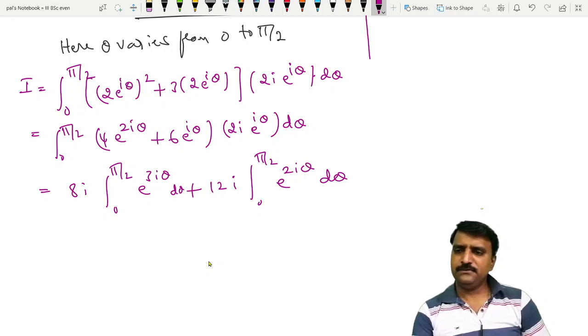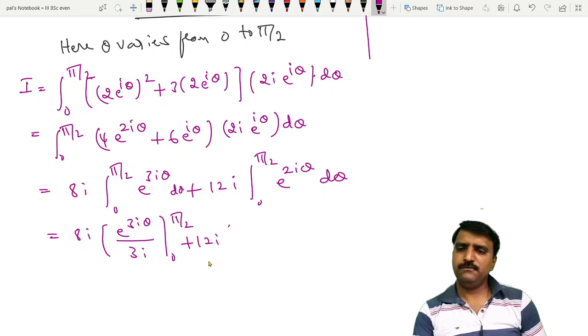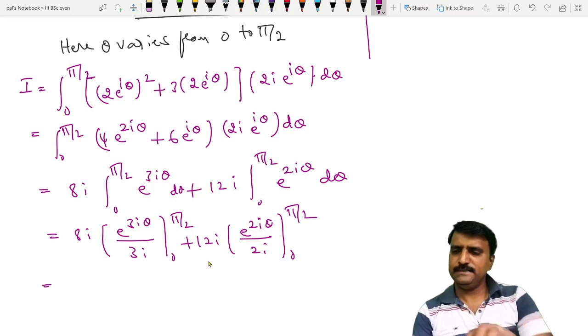This is equal to 8i into e power 3i theta divided by 3i with limits from 0 to pi by 2, plus 12i into e to the 2i theta divided by 2i with limits from 0 to pi by 2.